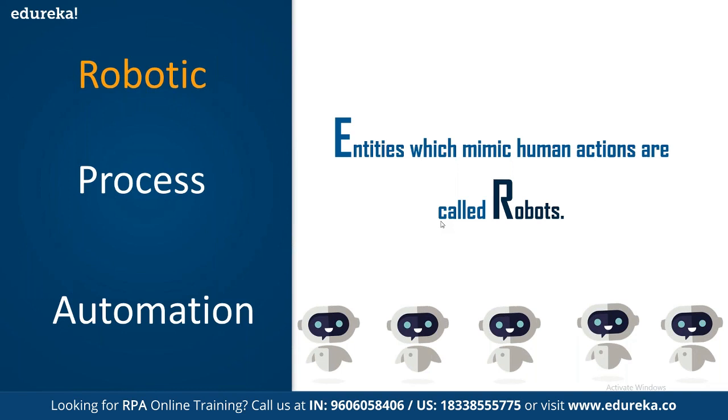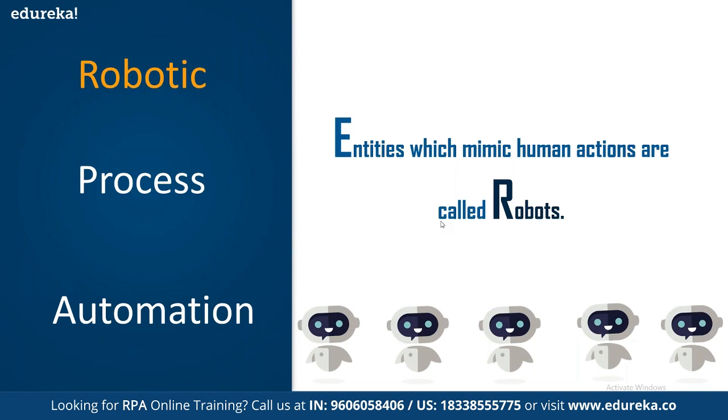So instead of hiring an employee, we can let a robot do this task for us. We can simply configure a computer software or a robot to interpret human actions and then imitate them. That's why we can configure a robot to publish an article every day at the mentioned time.